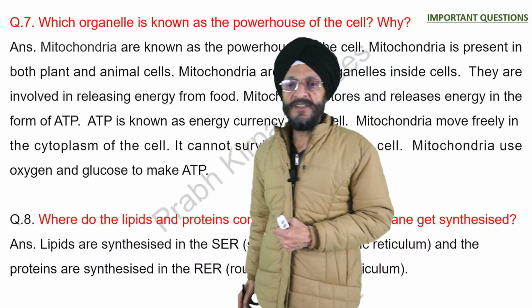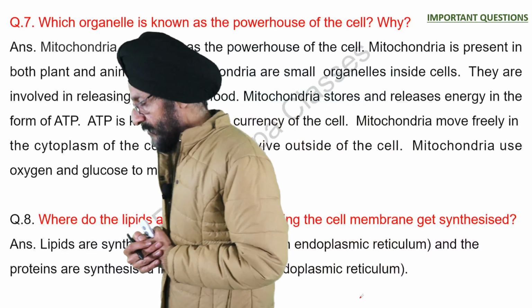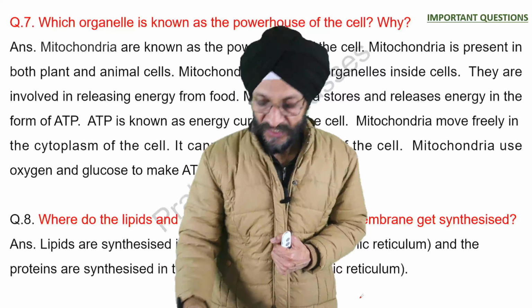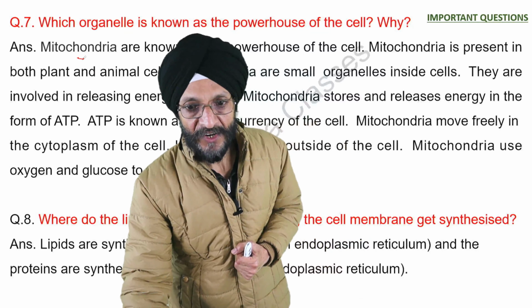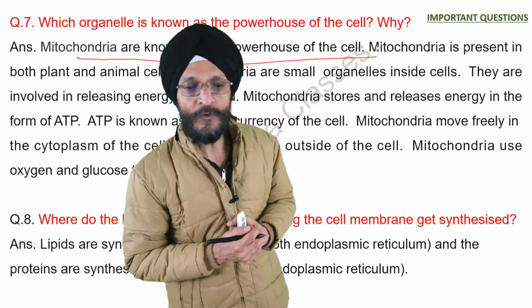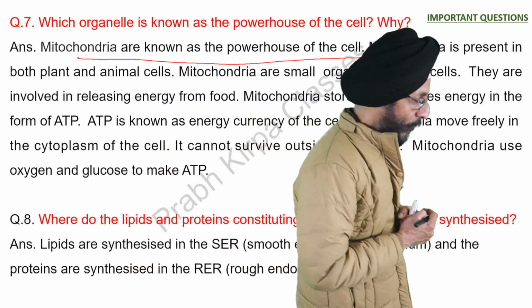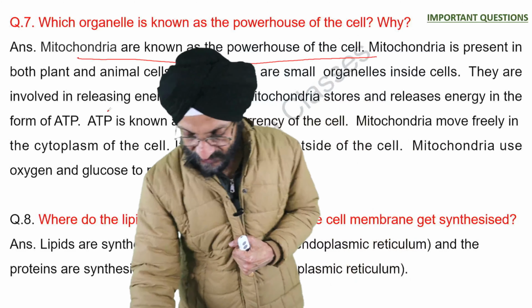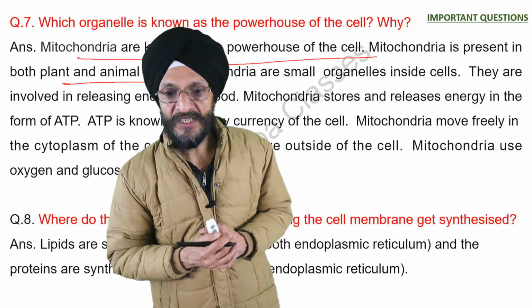Now, next question. Which organelle is known as the powerhouse of the cell? The answer is mitochondria are known as the powerhouse of the cell. Mitochondria are present in both plant cells and animal cells.